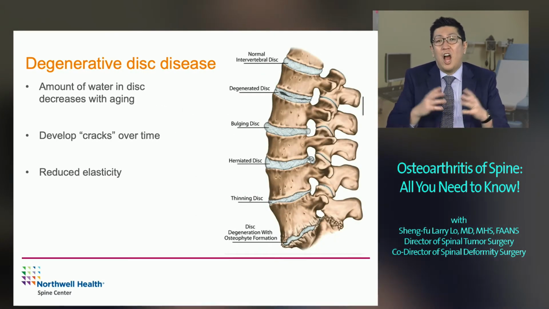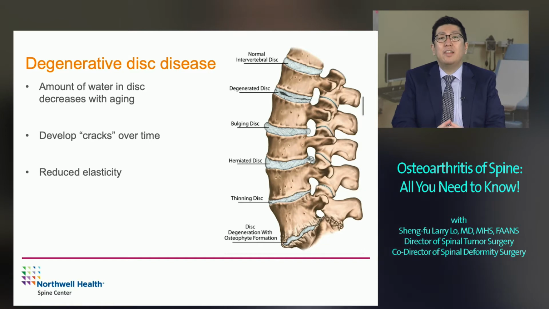One of the most common things we hear in practice is the terminology degenerative disc disease. So what does that really mean? As we age, it's a normal process of aging that we lose water in the disc. As we lose that hydration, the disc develops cracks over time.